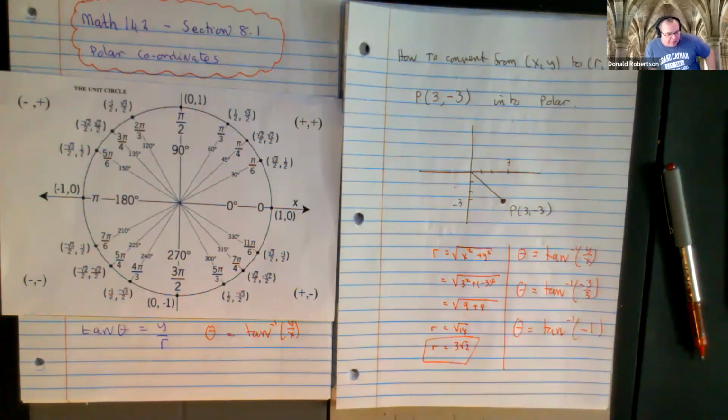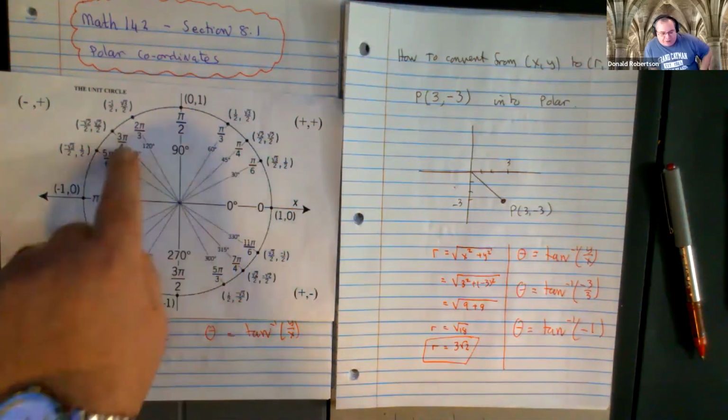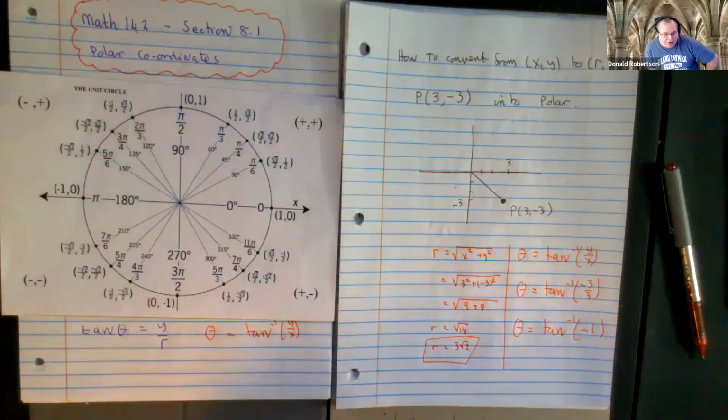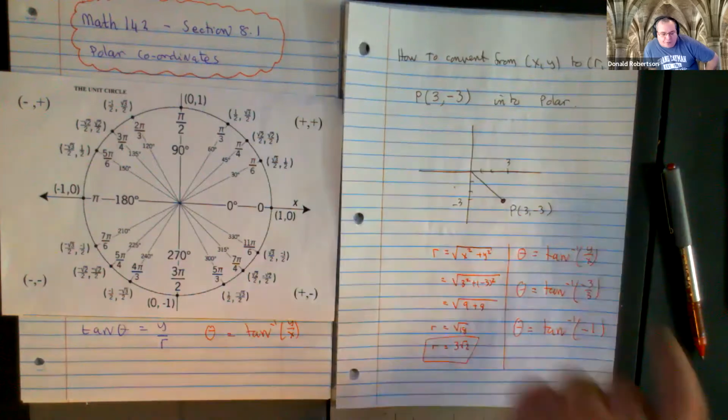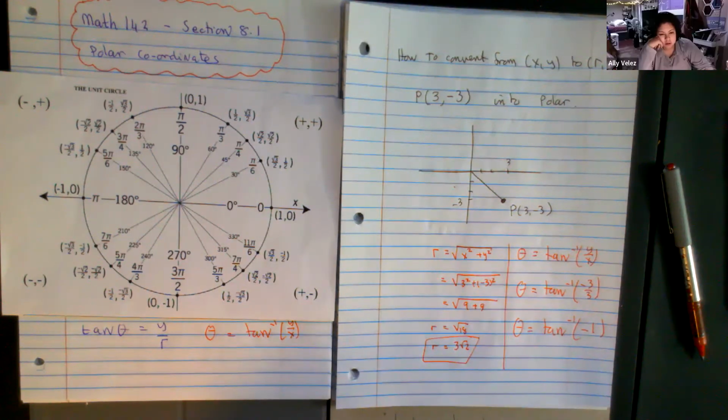So if you look at this unit circle, there's only one place where the y coordinate divided by the x coordinate gives you -1. Well, technically there's two, but there's only one of them in the fourth quadrant. Which one in the fourth quadrant are we looking at? 11 pi over 6.